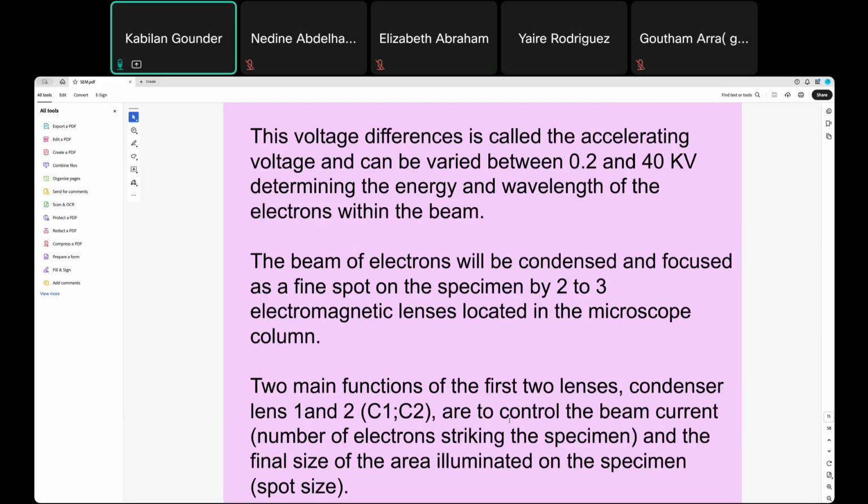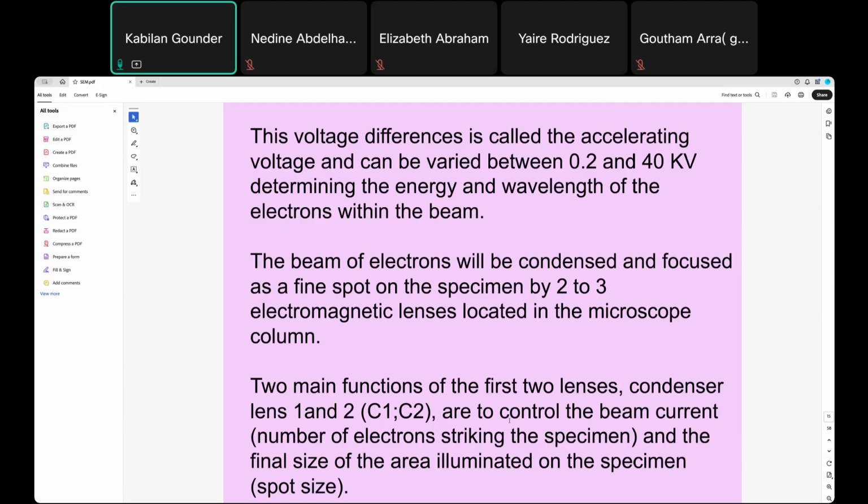Otherwise they will be dispersed, and you will not get enough electrons striking the sample, and you cannot get the detailed structure. So the electromagnetic lenses condense and focus the beam as a fine spot in the column.